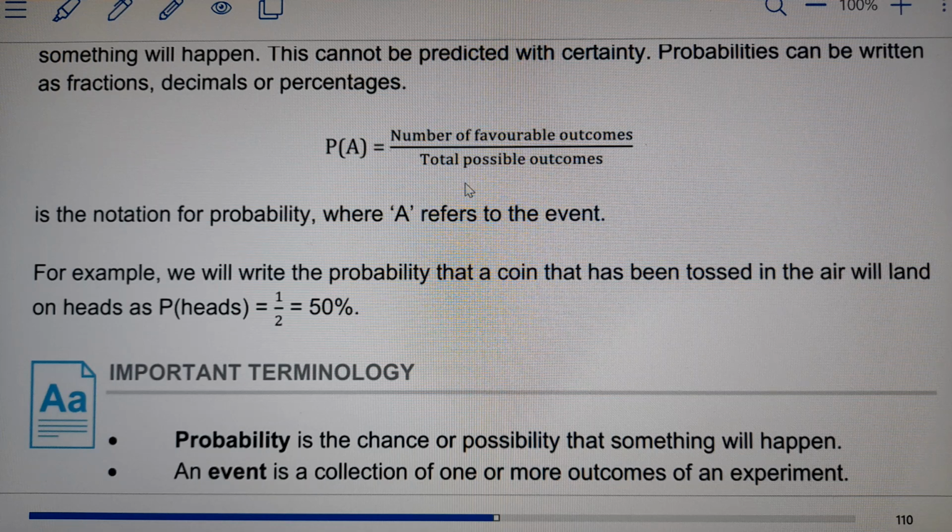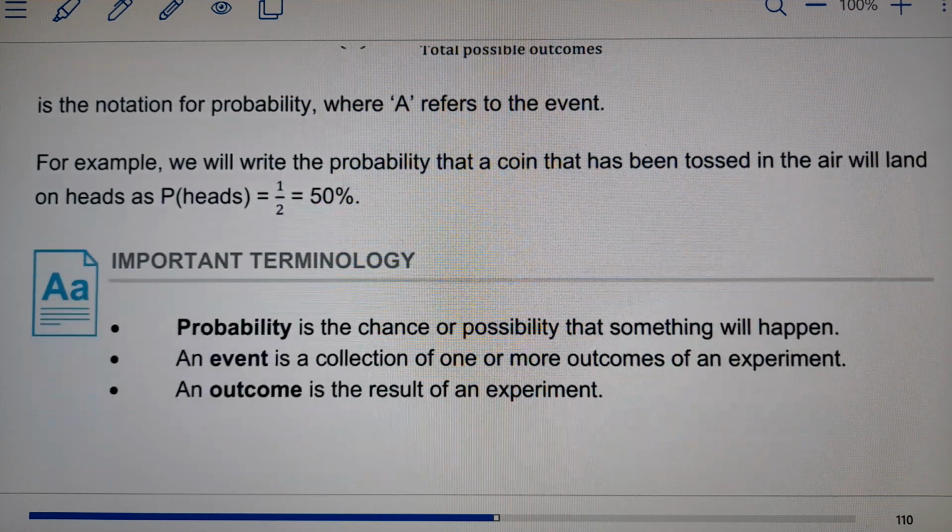It's a head and a tail, so that means it's 2. That is why the probability of heads when tossing a coin is 1/2, and we have written it as a fraction, and we can convert that to a percentage. We can even write this as a decimal. It will be 0.5.